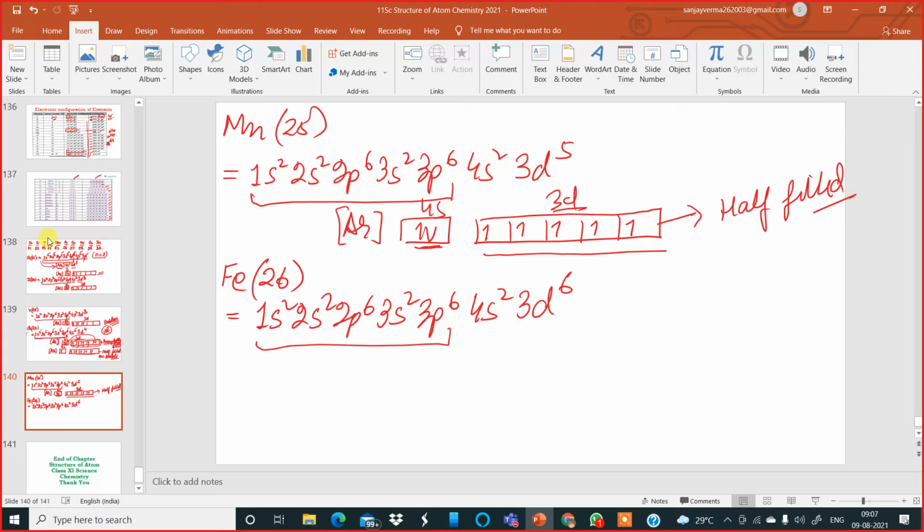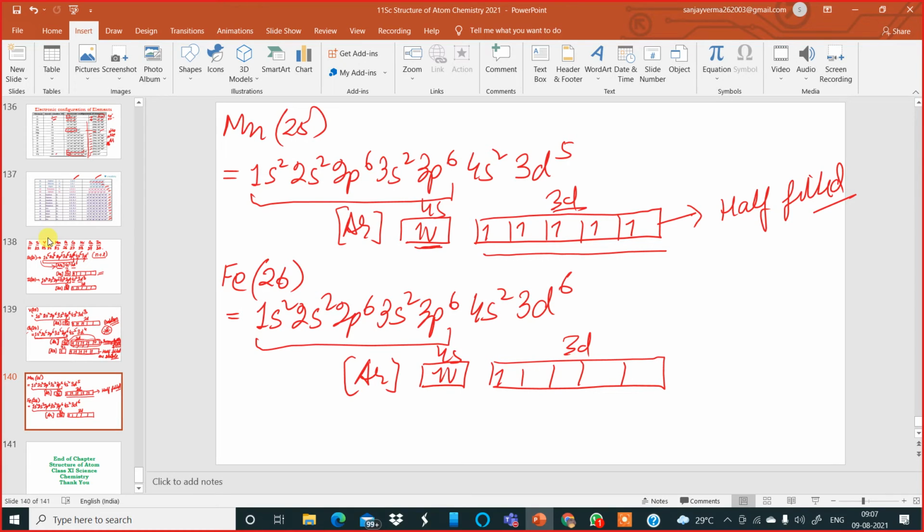So this much is argon. After that there is 4s2, and then there is the 3d subshell with 5 orbitals. So we fill it this way.